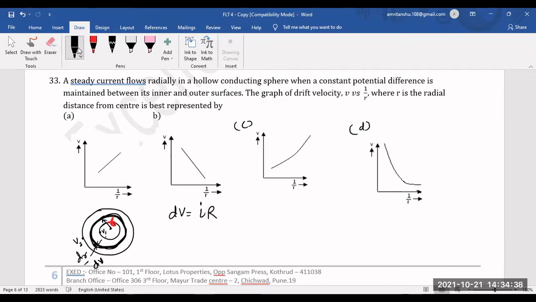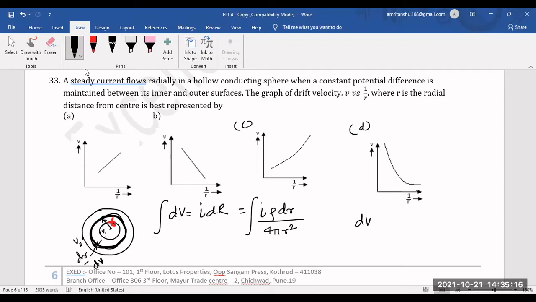It's a small element, or let's say I into dr. So I dr will be rho L by A. Resistance is rho times L by A. So length here is dr and area of cross section is 4 pi r square. The current is going to be constant, and if I integrate this expression, what do I get?